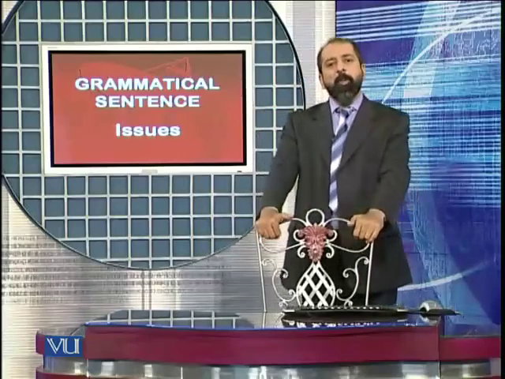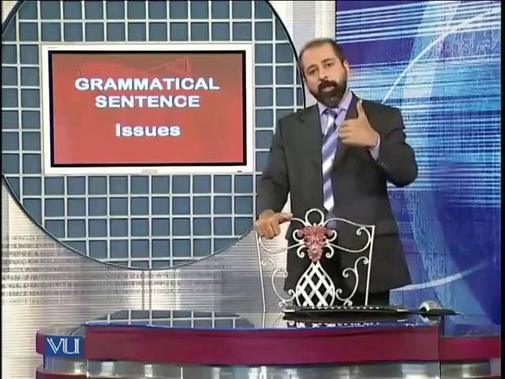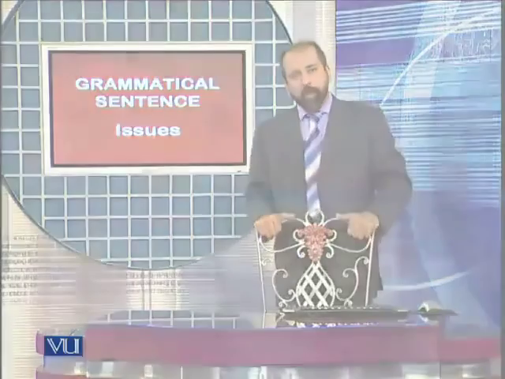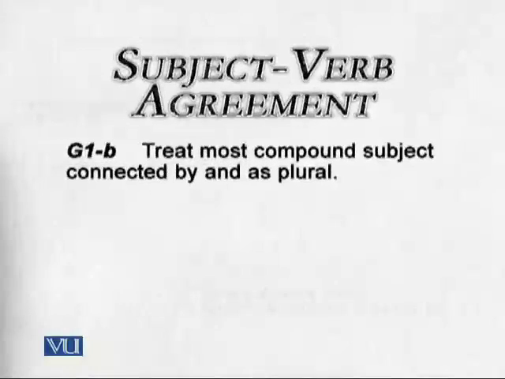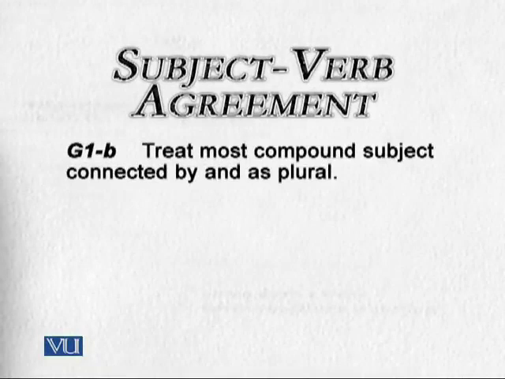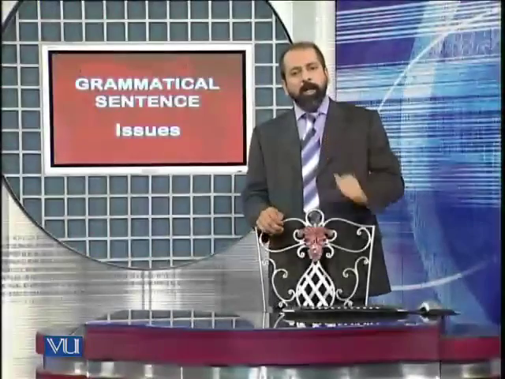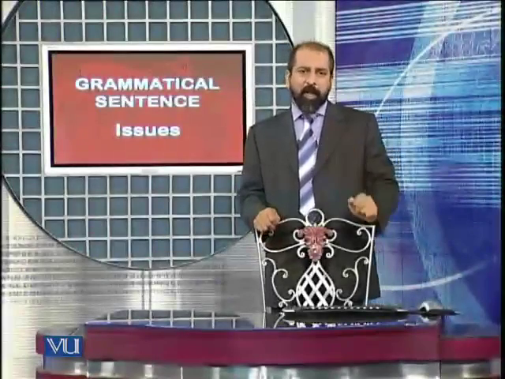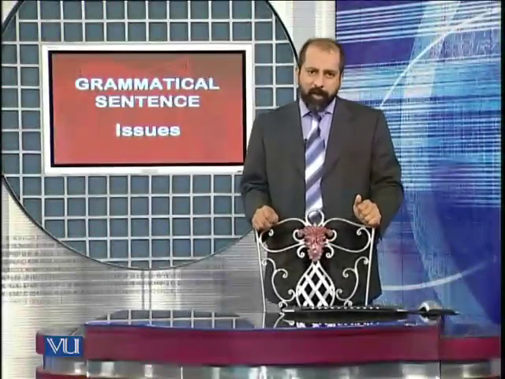Now, let's move to commandment number 2, or issue 2, or rule number 2. What it says on your screen: treat most compound subjects connected by and as plural. You have seen 6 types of subjects.